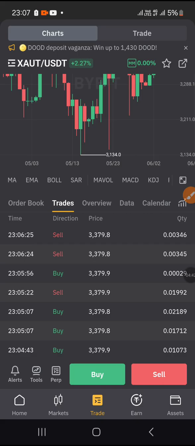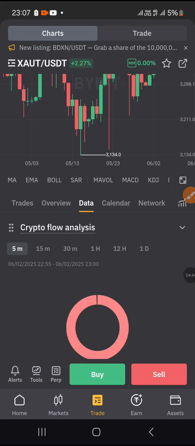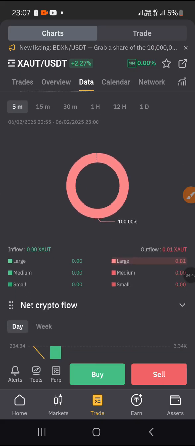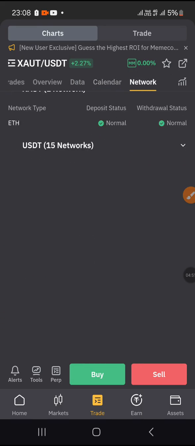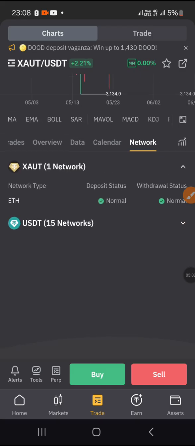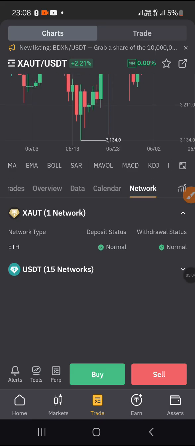Look at the data. You can look at its calendar here. Here shows its network. Its network is ETH and also USDT, which is also harboring over 15 networks.